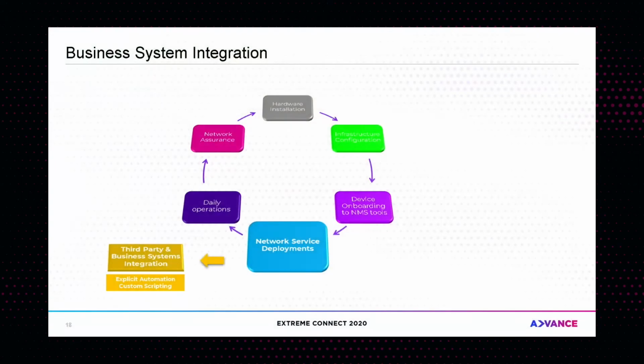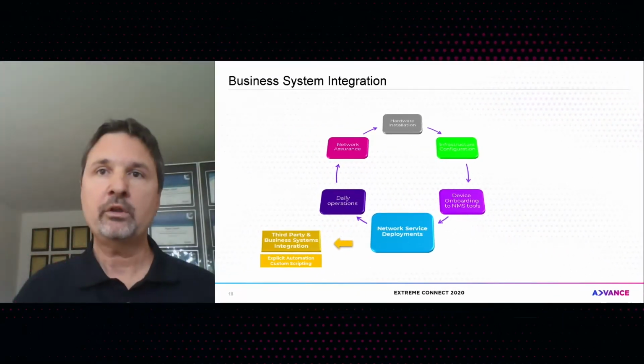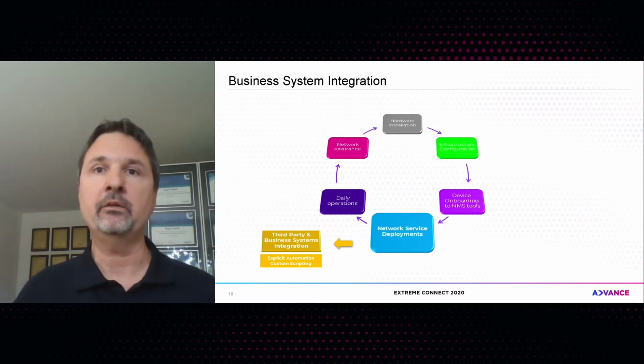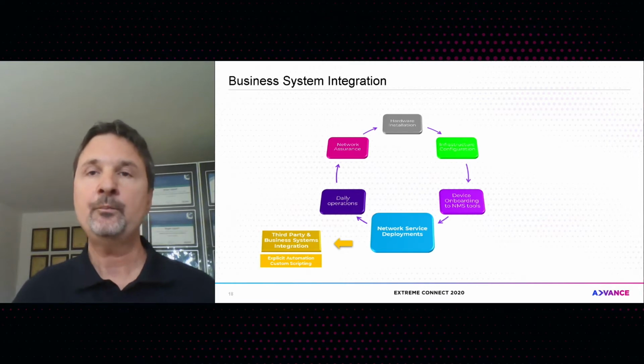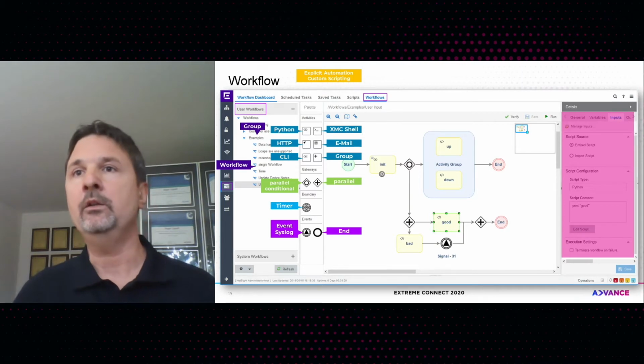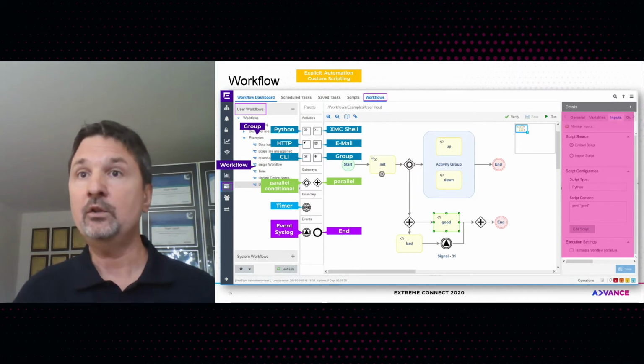So besides that implicit automation, there is also, in many cases, explicit automation required, where third-party products and tools are integrated, or business systems need to be integrated. Those are very specific, targeted use cases for you, and these things typically require a workflow that is written by yourself or by somebody that you pay for.